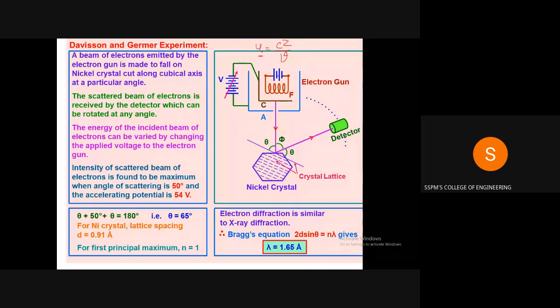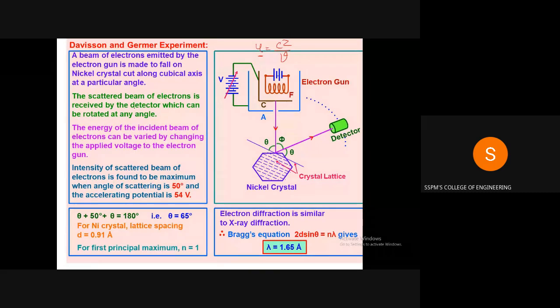Then you will find here that when you are changing this angle theta, then at a particular position of this detector and at a particular value of the potential difference applied between cathode and anode, certain conditions are observed.